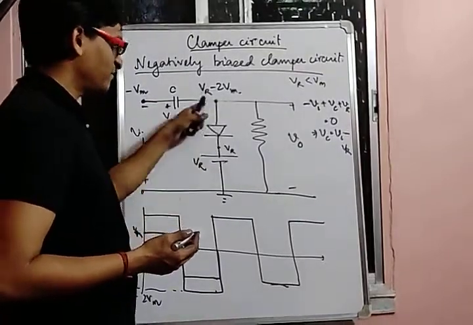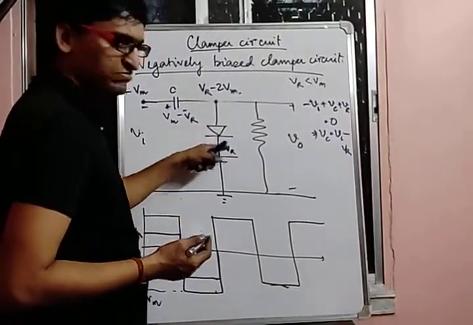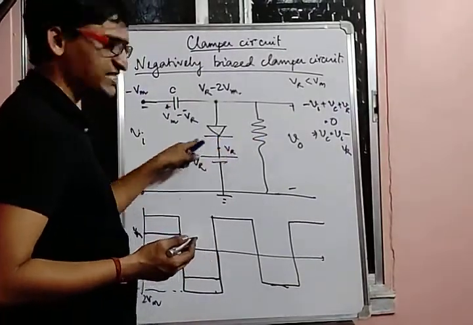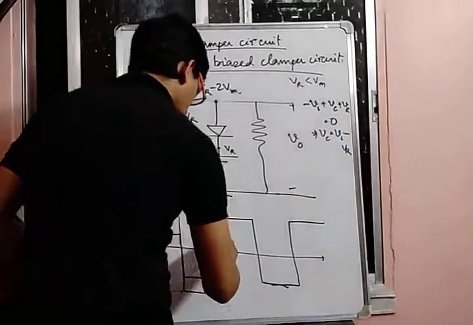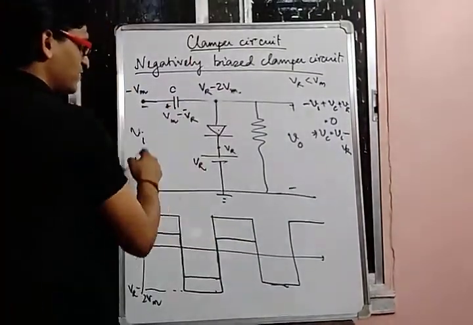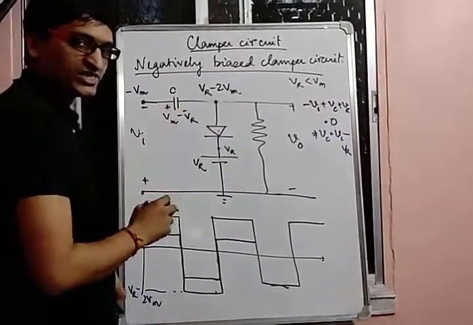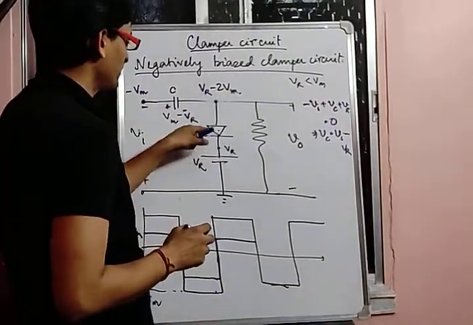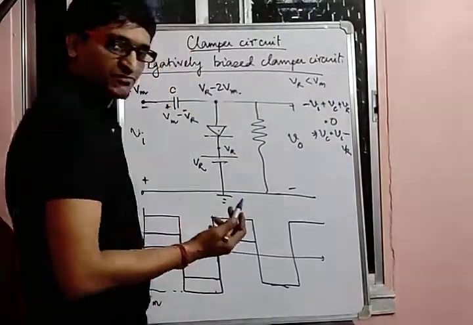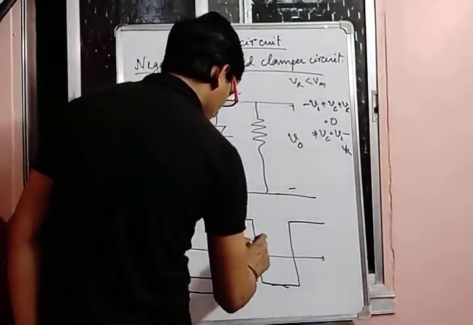So that means there will be no current flowing through that circuit. So the voltage appearing at the output will be same as this DC voltage Vr. These two voltages will basically cancel out each other. So as a result, the voltage which we will be getting will be simply equal to Vr. No current will be flowing through the circuit. So it will be somewhat like this.